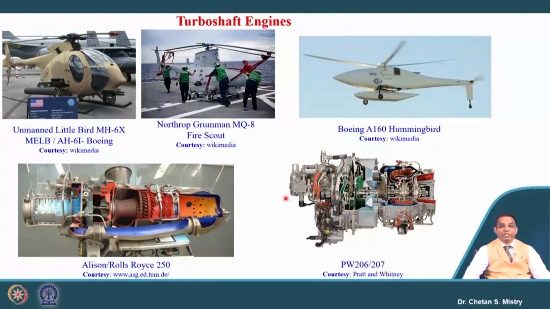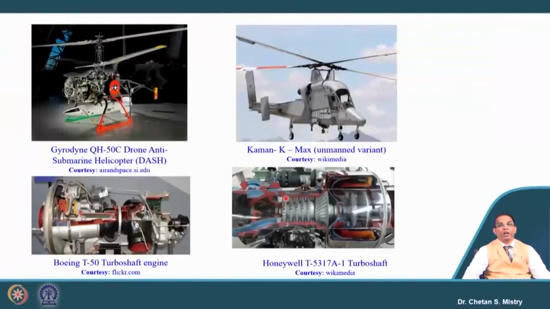There are many specialized companies having expertise in turboshaft engines. These are special kinds of engines used for a specific purpose. Here is an interesting part, a DAS, which is used as an anti-submarine helicopter, and this is representing the T50 turboshaft engine.